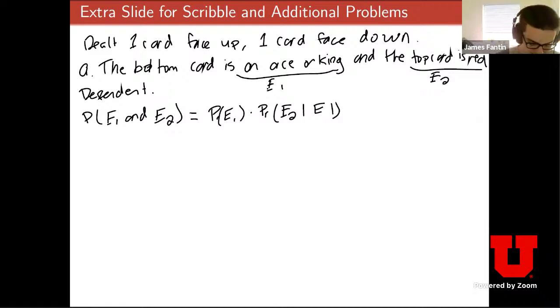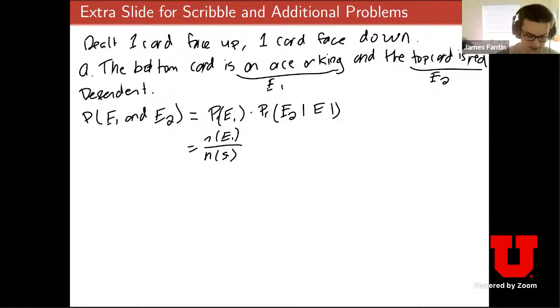Okay, so what's the probability of event E1? Probability that the bottom card's an ace or king. Yeah, 8/52. Why is it 8/52? Well, remember that probability of events is just the number of events in the event space divided by the number in the sample space.